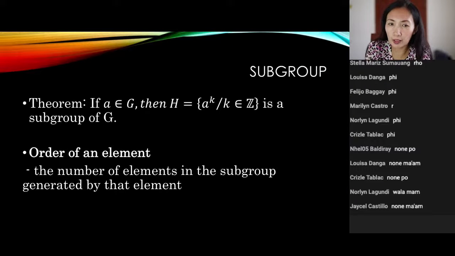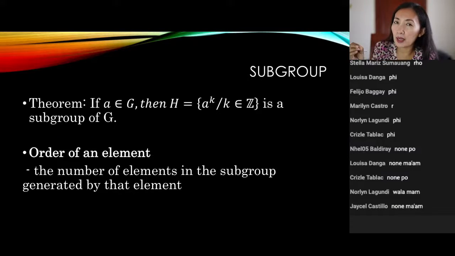We now move on to another theorem on subgroups. If A is an element of G, then H is equal to A raised to K, where K is an element of the set of integers, is a subgroup of G. This is how we generated the subgroups a while ago. Remember how we generated the subgroups of Z sub 6?